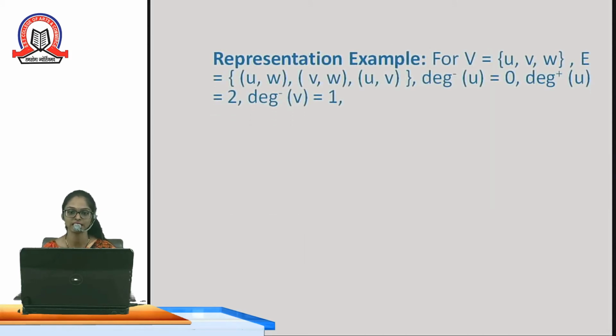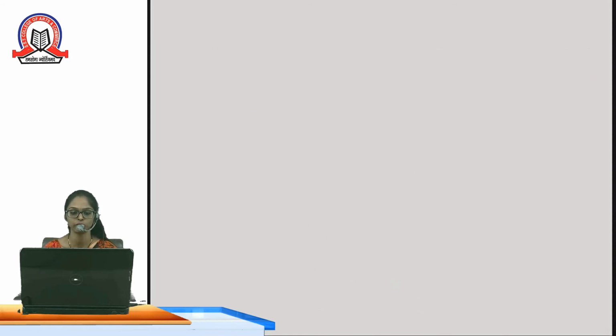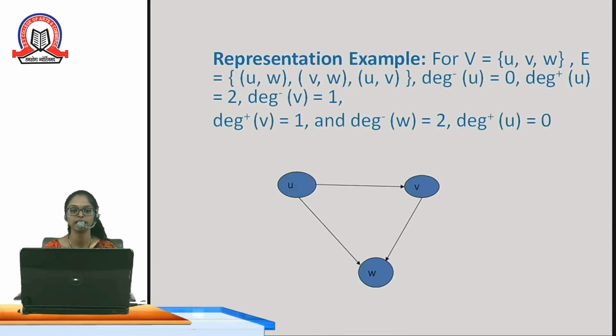Now you can see this example. V is the set of vertices u, v and w, and E is the set of edges (u, w), (v, w) and (u, v). So u, v and w are connected by u and v, then u and w, then v and w. Then degree minus of u is 0. Why?